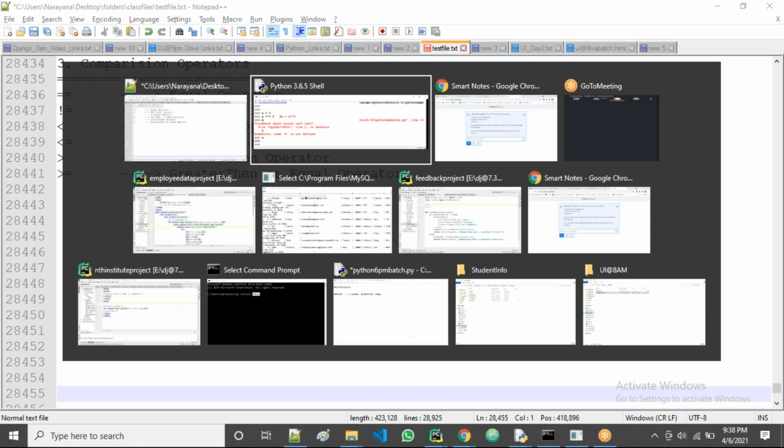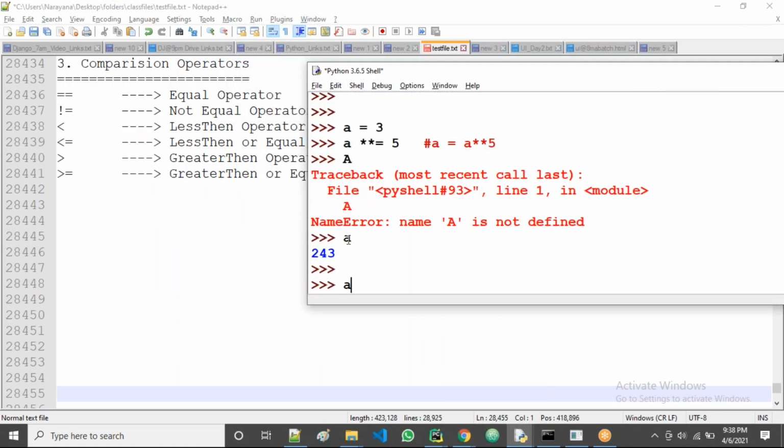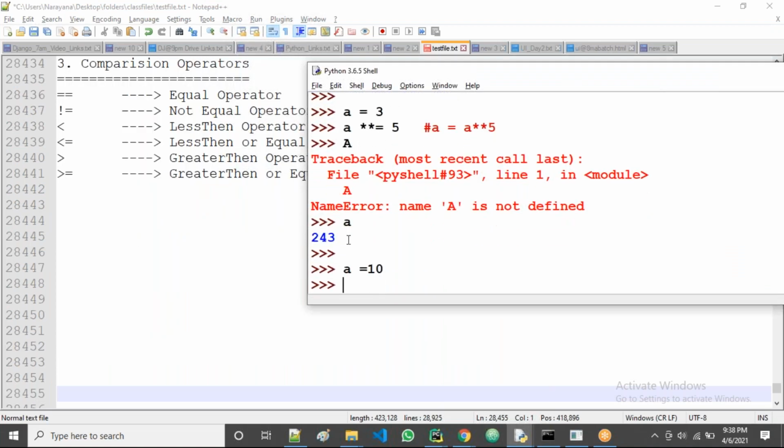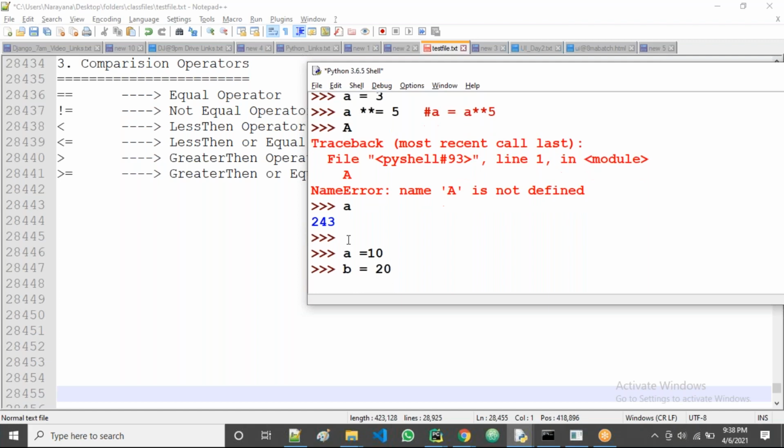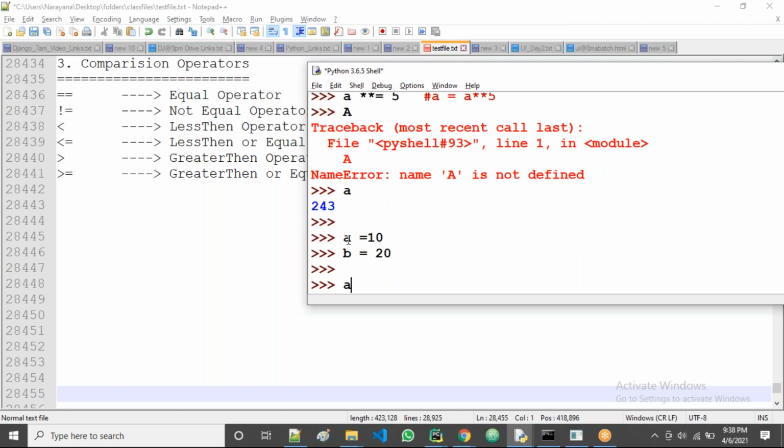Now I am going to take two variables, a equal to 10 and b equal to 20. I am taking now a equal to b. Is it true or false?